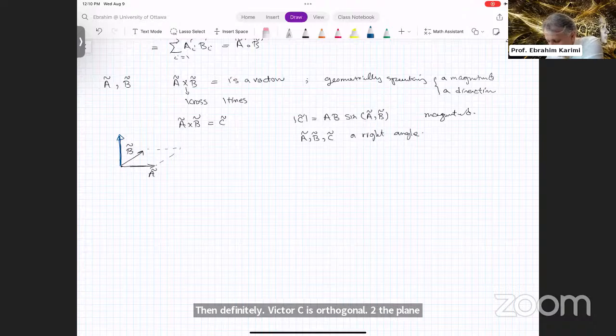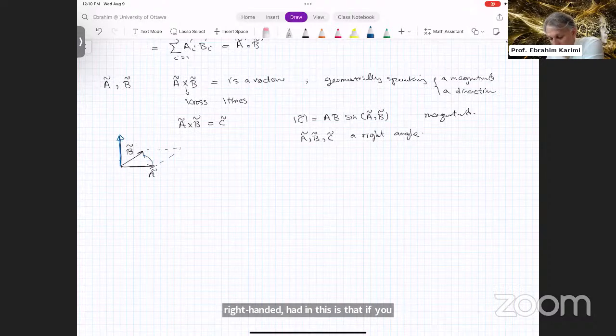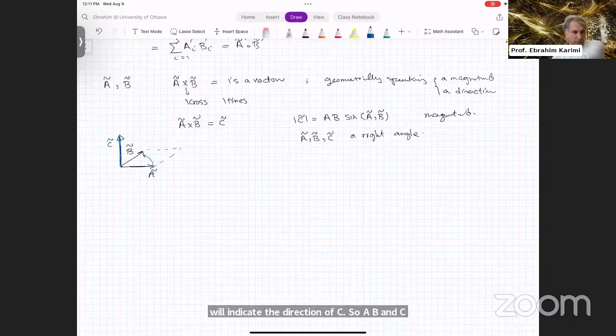And the way that they form right-handedness is that if you move from A to B, then the direction of your right hand, or the thumb, will indicate the direction of C. So A, B, and C form in this way.